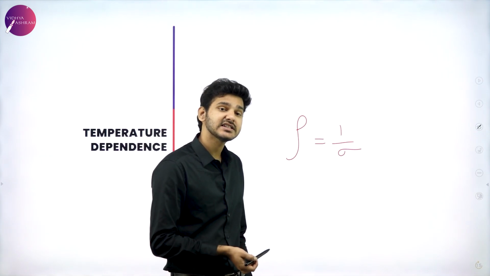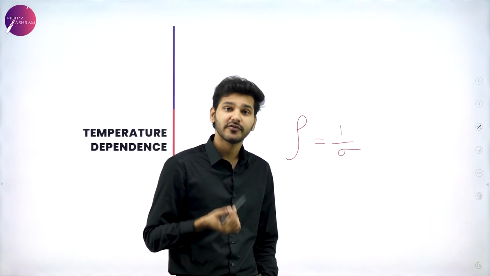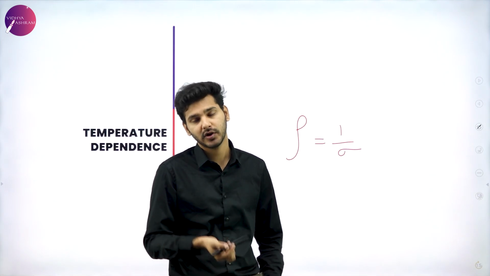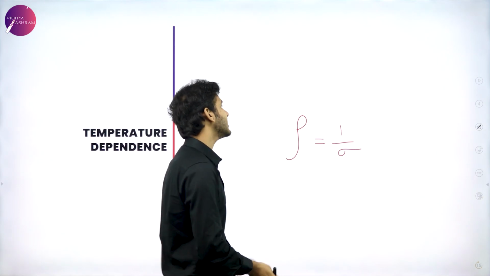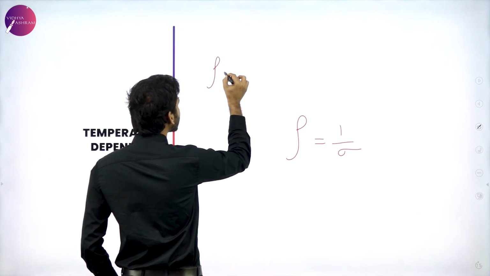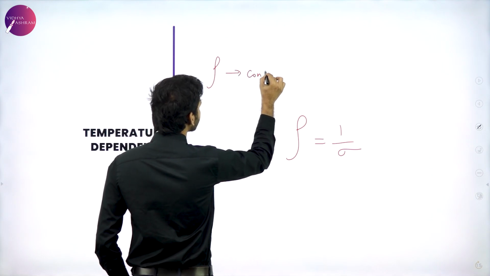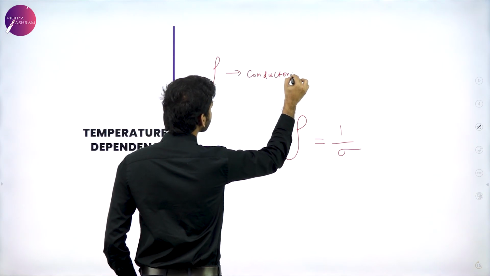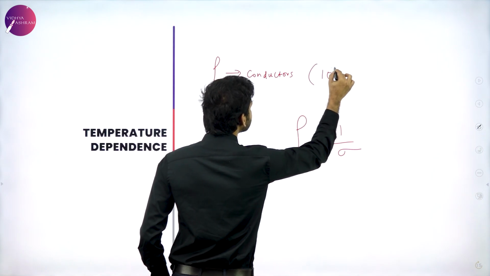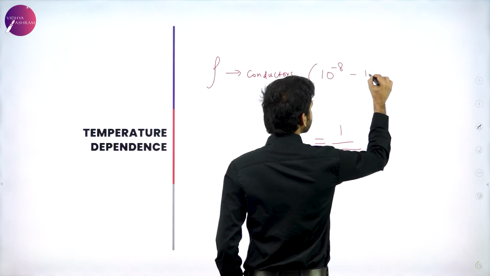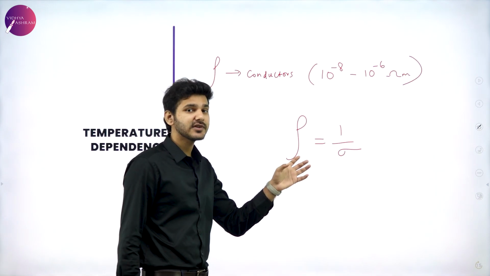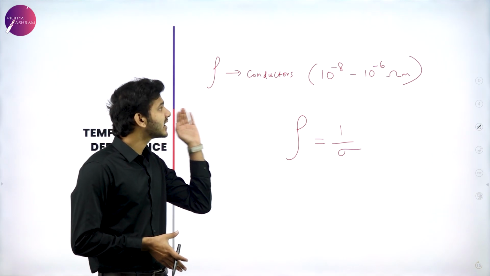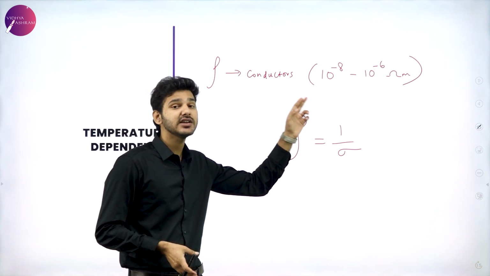But this resistivity will be different for different materials. For example, the resistivity of conductors is fairly low, because we know that conductors allow electric current to pass through them. So the resistivity for conductors is in the range of 10 raised to minus 8 to 10 raised to minus 6 ohm meter. This is very low.